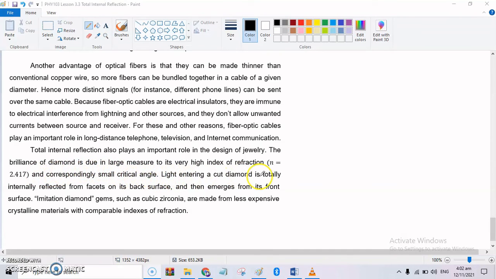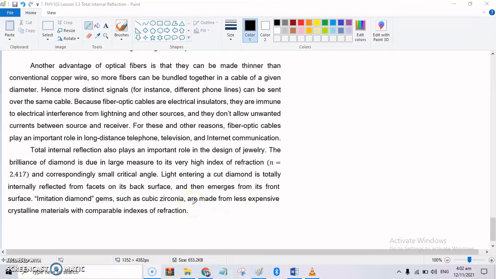Light entering a cut diamond is totally internally reflected from facets on its back surface and then emerges from its front surface. Imitation diamonds or gems, such as cubic zirconia, are made from less expensive crystalline materials with comparable indexes of refraction.